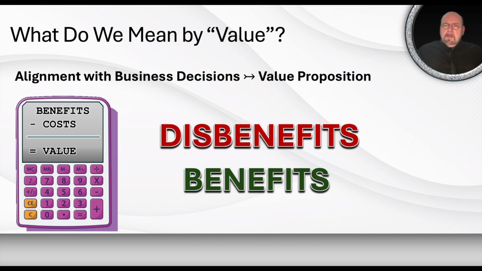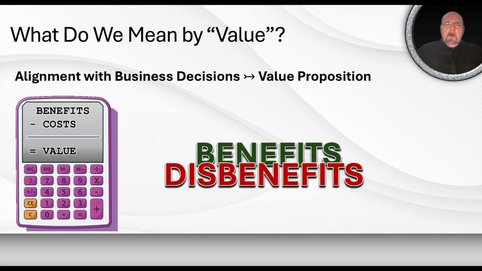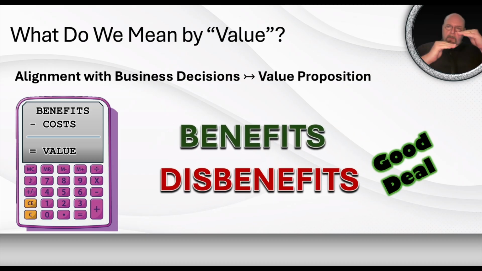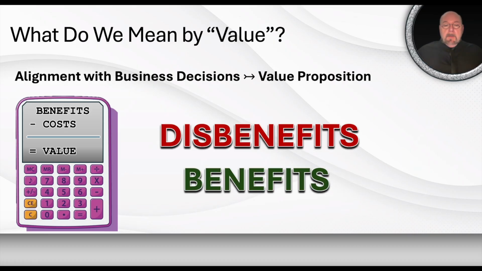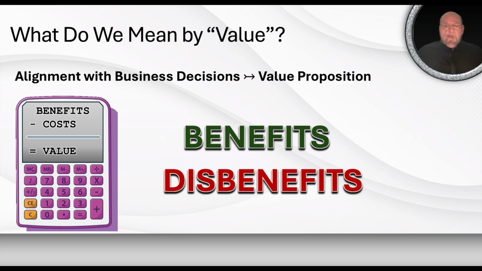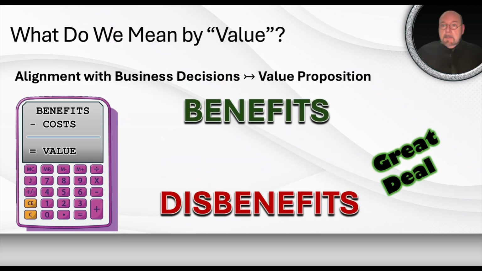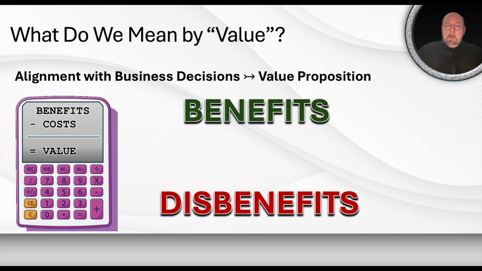But as things change, and we get to the point where the benefits now are above the disbenefits, this is becoming a better deal. And the bigger that gap gets, the better the deal is. Indeed, what we're interested in is the measure between those benefits and those disbenefits, between the good things and the bad things. And there's a name for that measure. And that name is value. This is what value is.